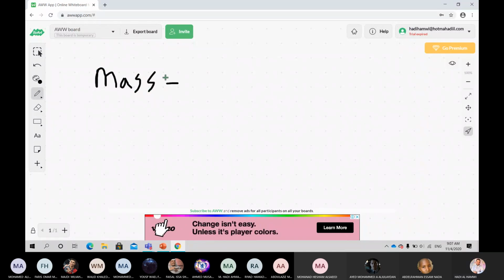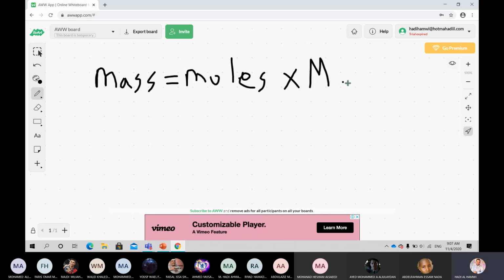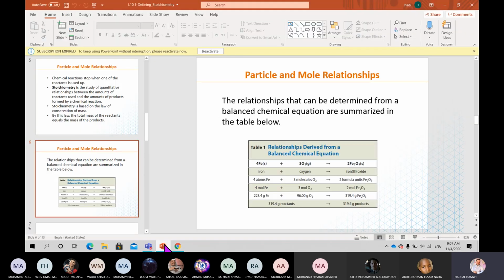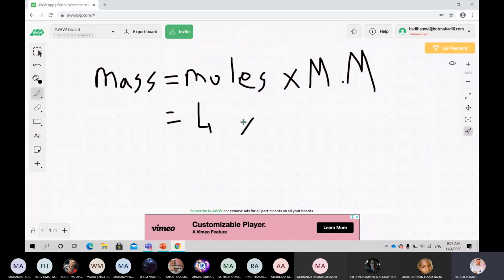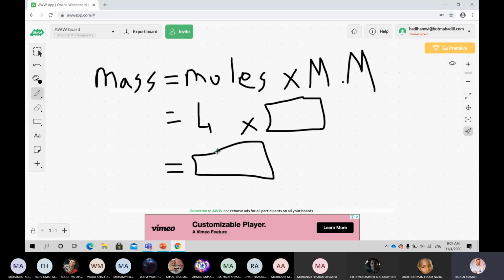For example, in this question, the number of moles of iron is 4. So we write here moles equal 4. You go to the periodic table and find the molar mass, you put it here, you multiply them, and then you have the mass.